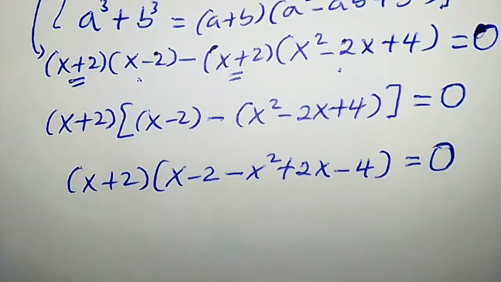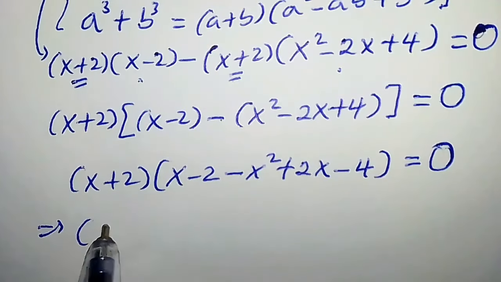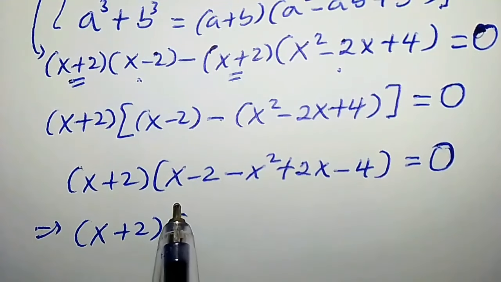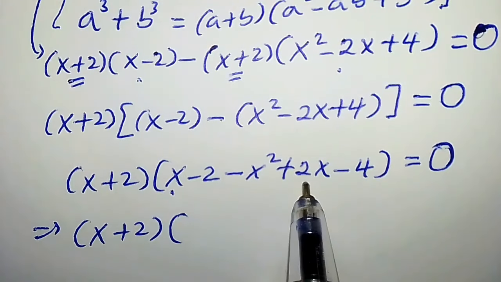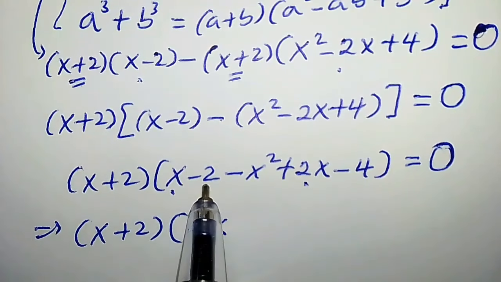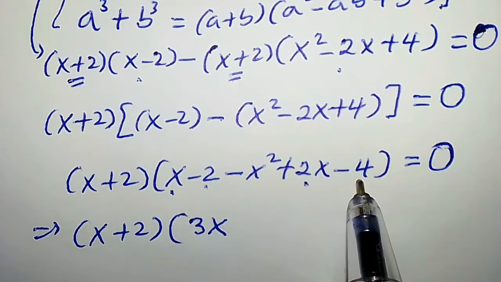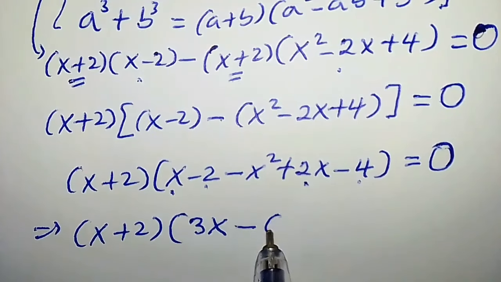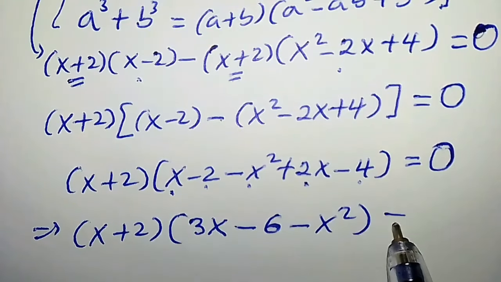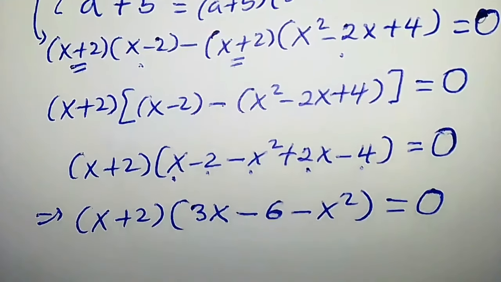Let's proceed further. So we have x plus 2 times, adding the common terms, x plus 2x, that is 3x, minus 2 minus 4, that is minus 6, and minus x squared. This equal to 0.